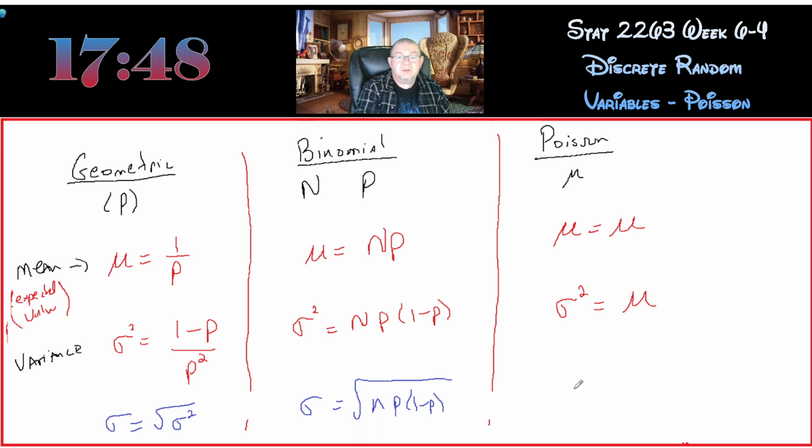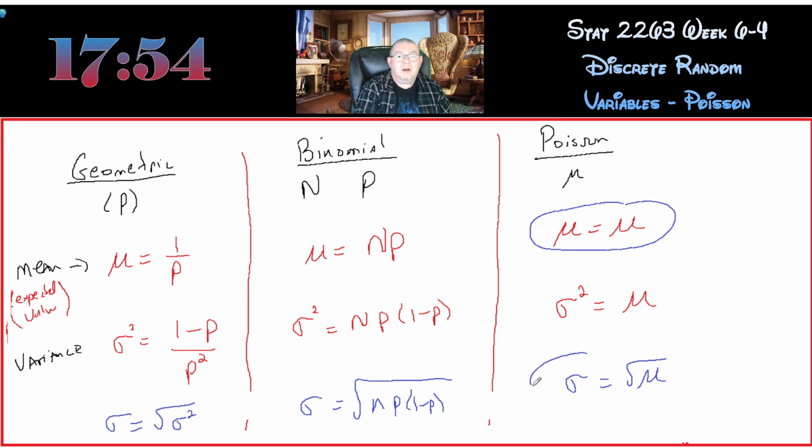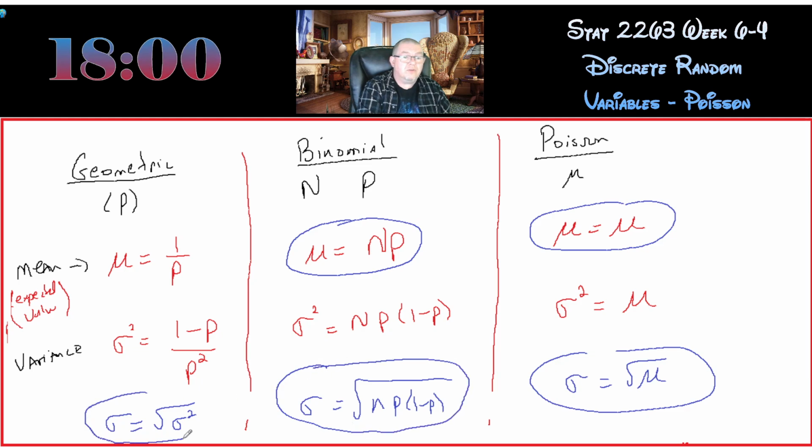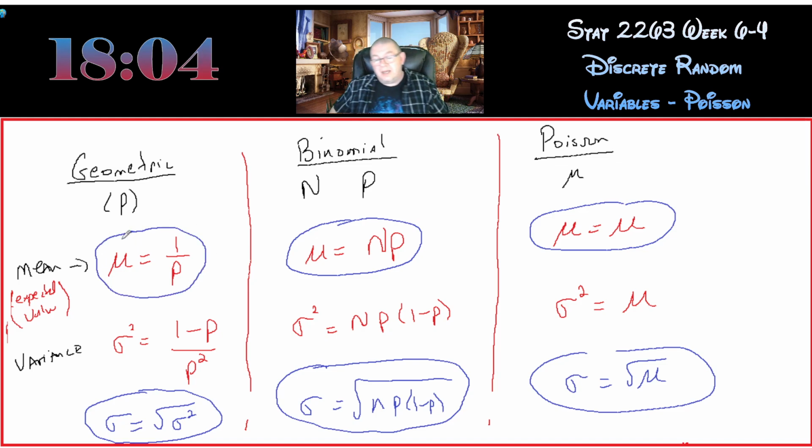And for Poisson, sigma is equal to the square root of mu. So these are formulas that we should know. If you're thinking about constructing a formula sheet to have with you for quizzes and exams, that's a good idea. I don't provide one because, with it being an online course, I want you to study by making those things. These are three sets of formulas that you should know.